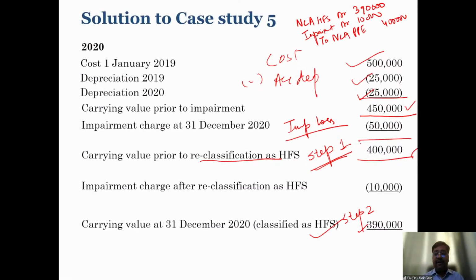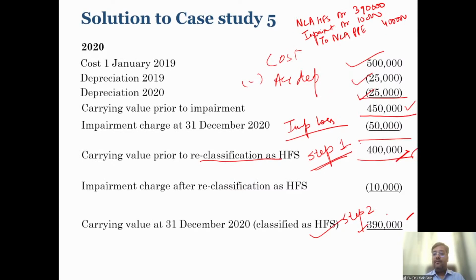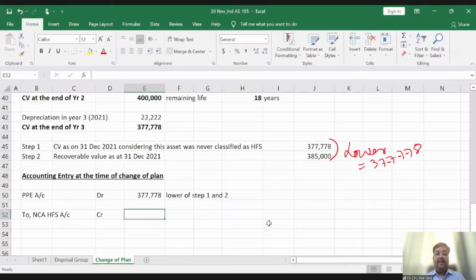On 31st December, step 1 was 4 lakh and step 2 was 390. So NCA HFS was debited by 390, PPE was credited by 4 lakh, and impairment loss was 10,000. So the value of NCA HFS is 390. So credit 3,90,000.